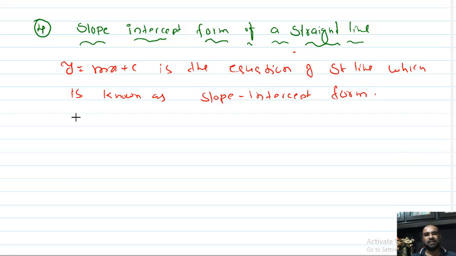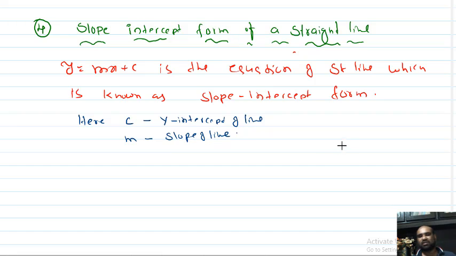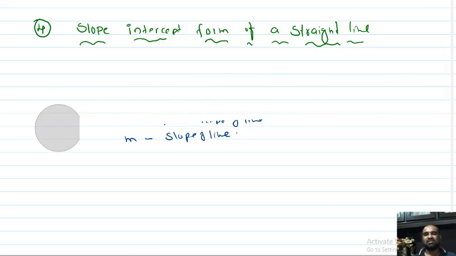Okay, here c is the y-intercept of the line. m is the slope of the line. Okay. Different situations will arise. Maybe m may be positive, or c may be positive, or m may be negative, or c may be negative, because m will vary and c will also vary. So that's why there are different situations: m greater than 0, c greater than 0, m less than 0, c less than 0. What happens? I will show you.